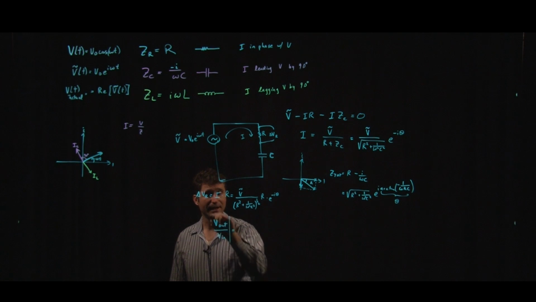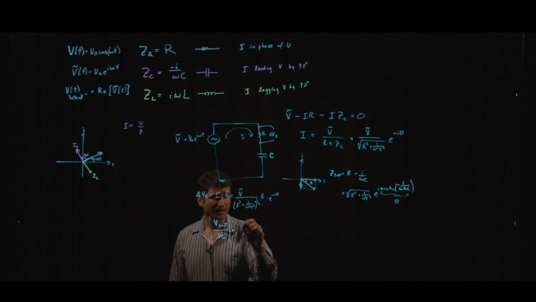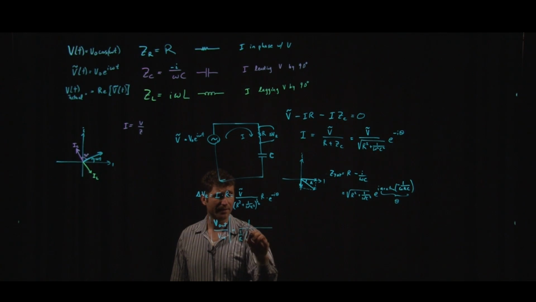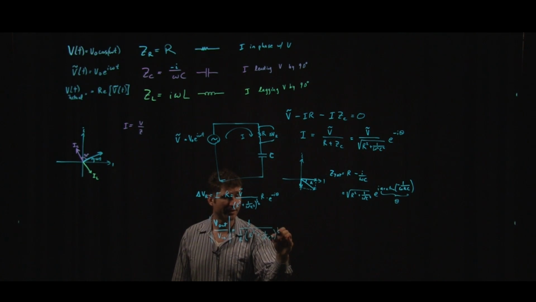I'm going to take the absolute value because at the moment I don't want to worry about this phase term too much. What I can do then is rewrite this r as 1 over r. So I can write that as 1 over r times r squared plus 1 over omega squared c squared to the 1/2.